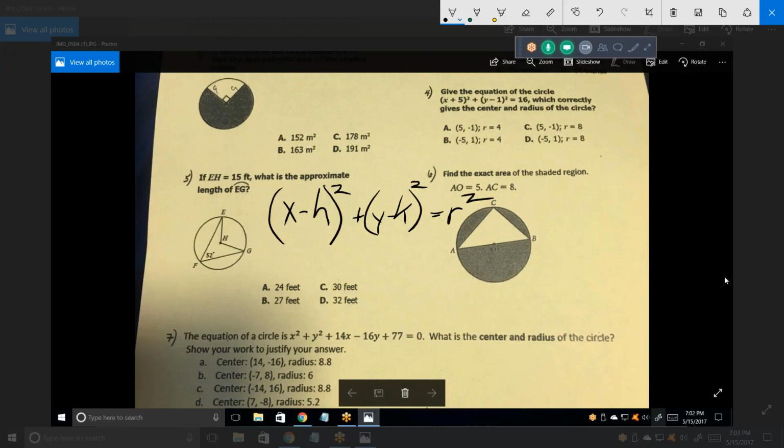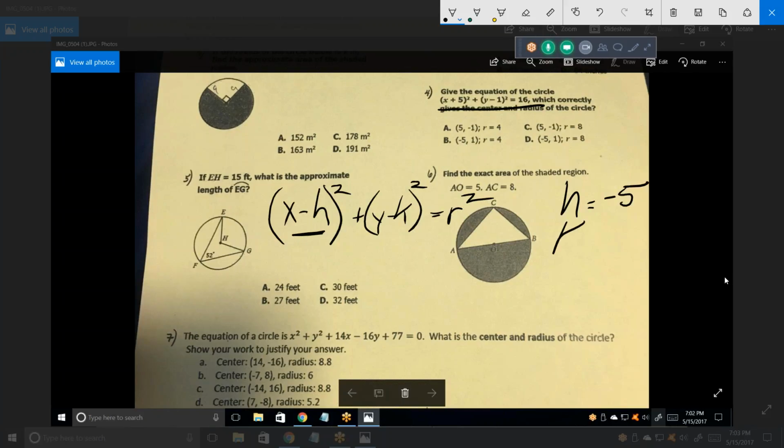Okay, so now looking at this equation they gave us, what is h? 5. Nope. It's x minus h. If h was 5, it would say x minus 5. It doesn't. It says x plus 5. So what's h got to be? -5? Uh-huh.